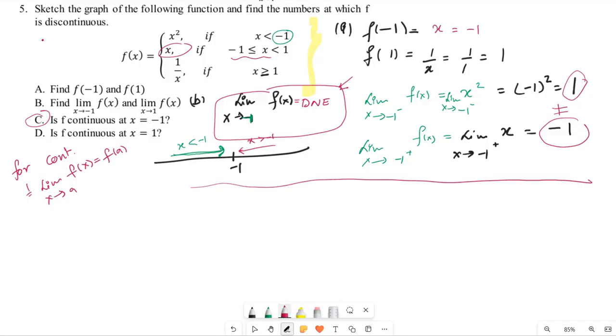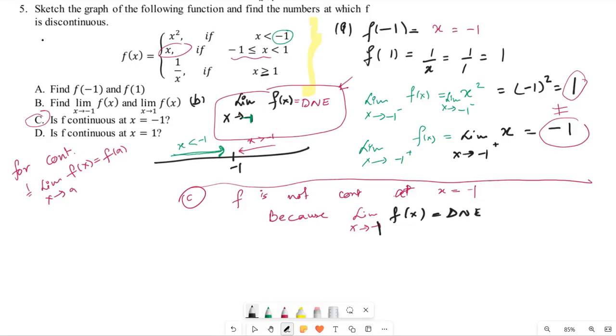Because the limit does not exist at -1, for part C, we can answer f is not continuous at x equal to -1, because the limit as x approaches -1 does not exist. Because the limit does not exist, the function cannot be continuous. So we are already done with part C here.